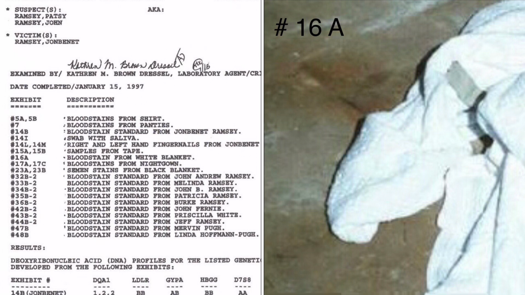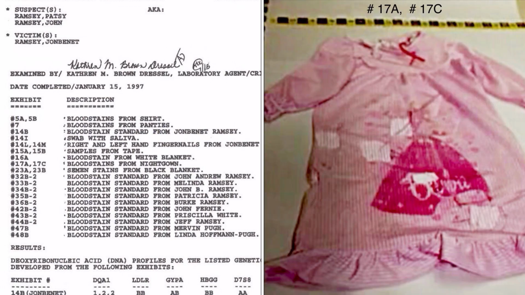Does this show that the blanket was underneath JonBenet when she was assaulted and murdered? Exhibit 17A and 17C, the Barbie nightgown. Not sure about this. Were these bloodstains from that night, or were they from some previous incident?